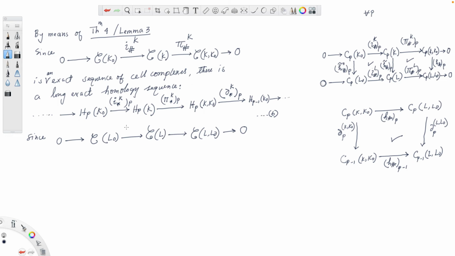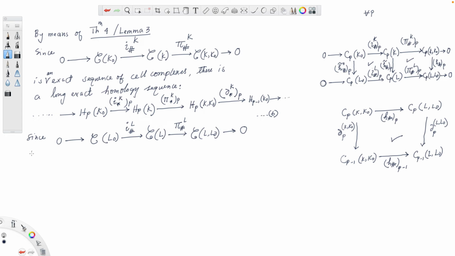The chain map induced from the inclusion map is I hash superscript L, since we are dealing with the simplicial complex L, and this is induced from the projection map, and this is pi hash L.